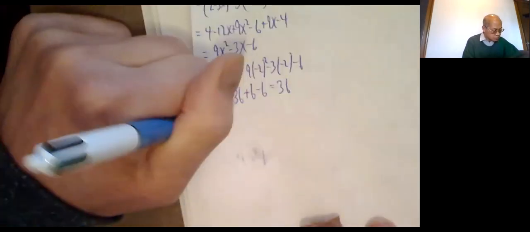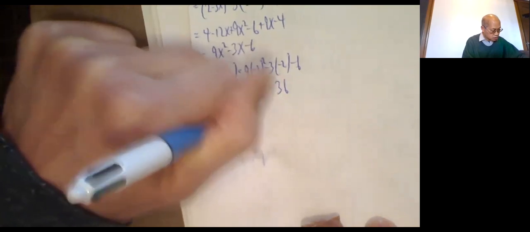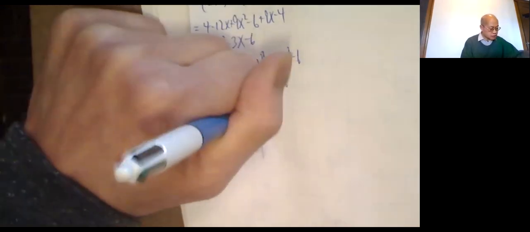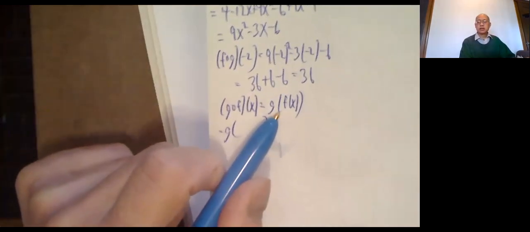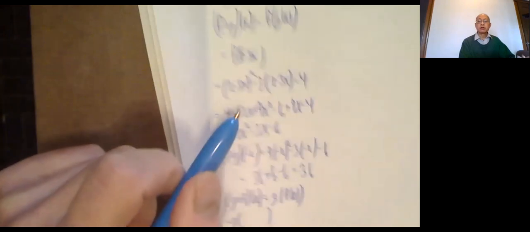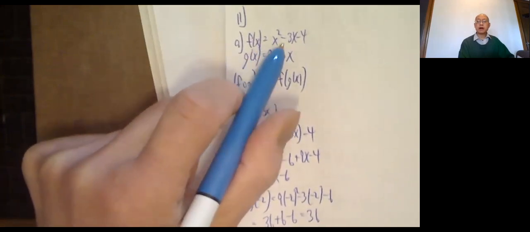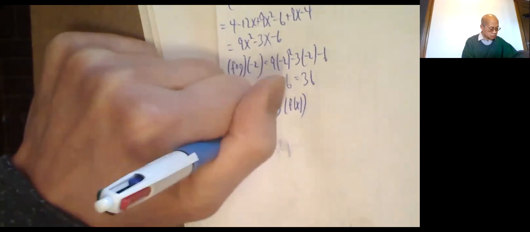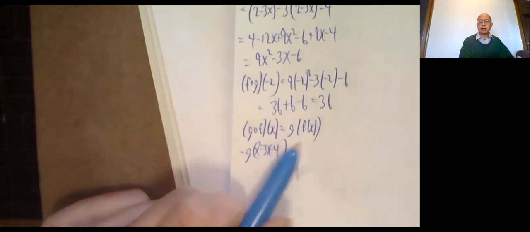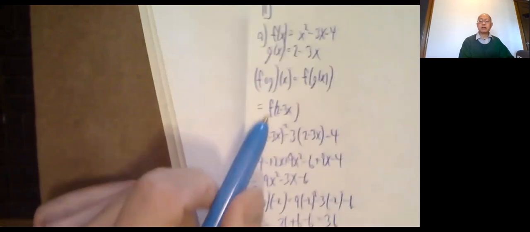And then they reverse it, they want g circle f of x. By definition, that's g of f of x. Instead of writing f of x, I write what it's equal to, x squared minus 3x minus 4. That goes right in there.